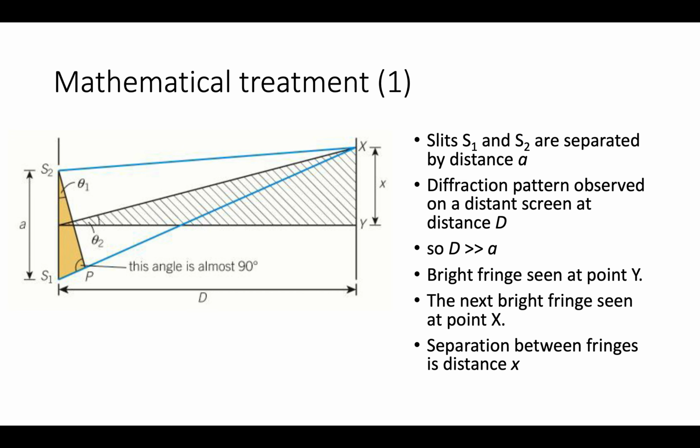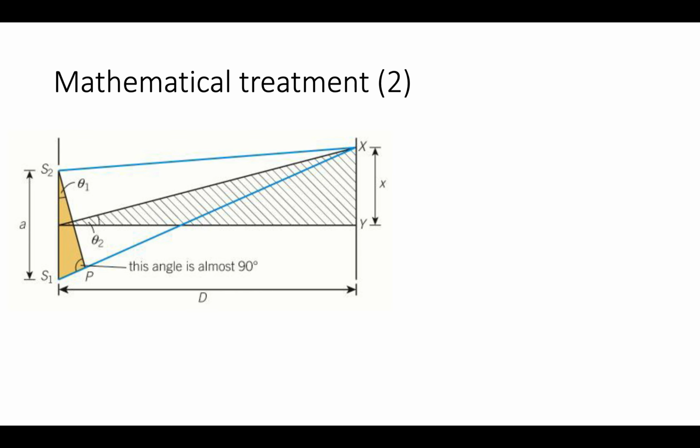Now there's another slight thing. Can you see that they've used a lowercase x for the distance, and then there's also a point X that's a capital letter? So the capital letters on here represent the positions, whereas lowercase letters represent distances. Just bear that in mind.